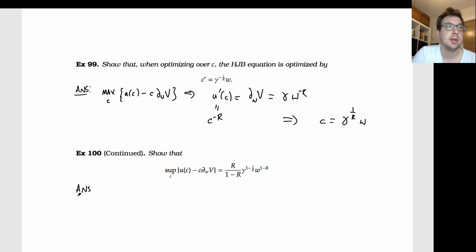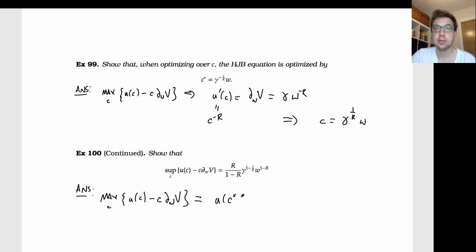So the max over c of u of c minus c times the partial derivative of V is equal to u of c star, where c star is what I've been given here, minus c star times the partial derivative of V again.